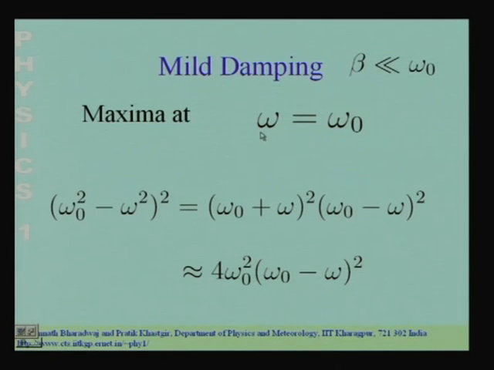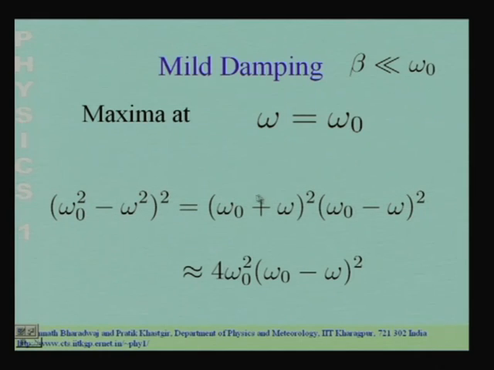So, you can say that the maxima occurs at omega equal to omega naught, and the first thing you can do is write omega naught square minus omega square, whole square, as omega naught plus omega whole square times omega naught minus omega whole square, and you can approximate omega naught equal to omega in the first factor because that is around the peak.